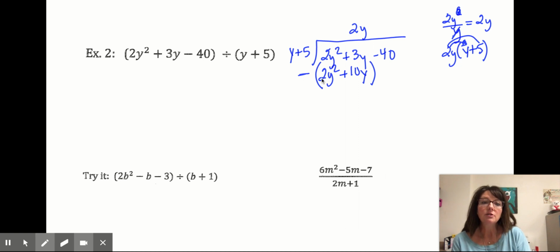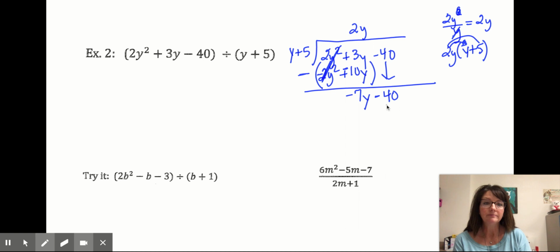So it's like distributing a -1. So this is really like a -2y squared and a -10y. Okay, so 2y squared minus 2y squared cancels. 3y plus a -10y is a -7y. And then we bring down this minus 40.